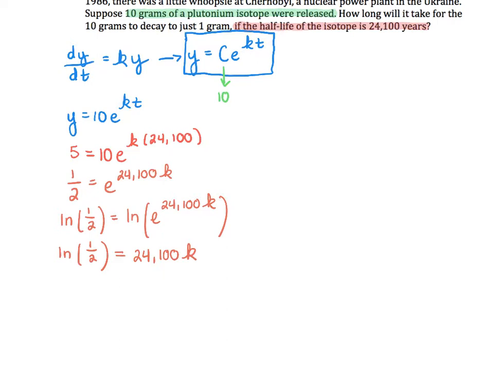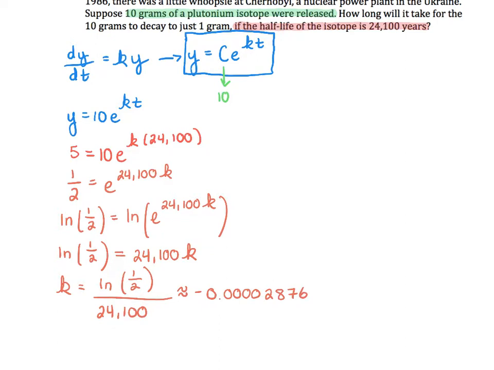And so now to solve for k, it becomes pretty easy. We're just going to have k equals the natural log of a half divided by 24,100, which is approximately, it's very small, 0.00002876.